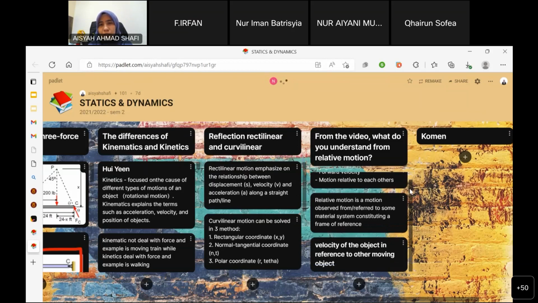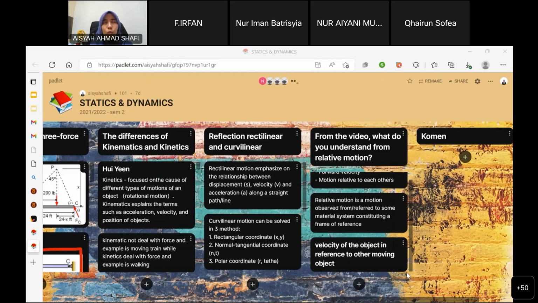Forward velocity, motion relative to each other. Relative motion is a motion observed from or referred to some material system constituting a frame of reference. Velocity of the object in reference to another moving object. Yes, that means before this we did not consider who observes the motion.